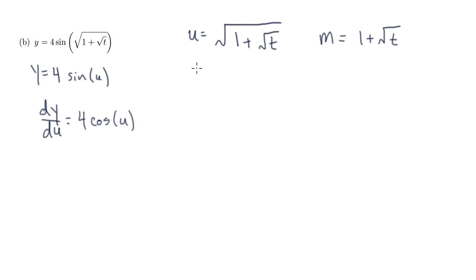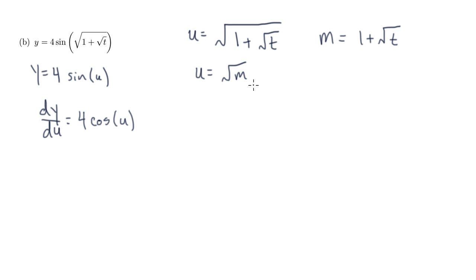So u is really like square root of m. And notice here what I'm doing is I'm just trying to break it down into small pieces. Now this isn't really necessary. You can do all of this in one step, but I want to be very careful and show you the idea of these intermediate variables in the chain rule.